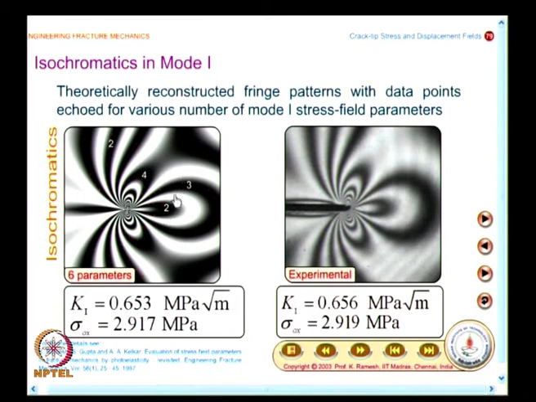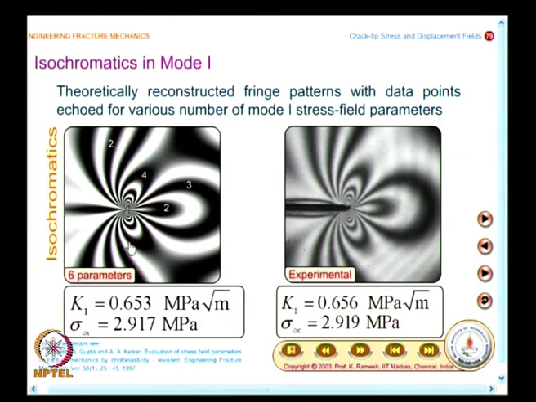Here, in order to ensure that my final solution is matching with the experiment, the fringe patterns are reconstructed and you ensure that you have converged to a proper minimum, so that the solution is indeed representative of the stress field.